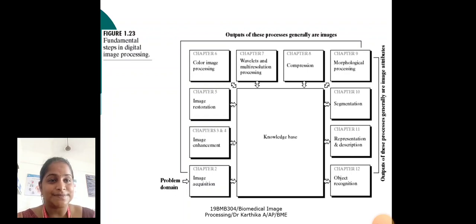In this, we have image acquisition, image enhancement, image restoration, and then color image processing. After that, to improve the efficiency of the image, we have wavelets and multi-resolution processing, compression, morphological operations, segmentation, representation and description, and finally object recognition for better results.